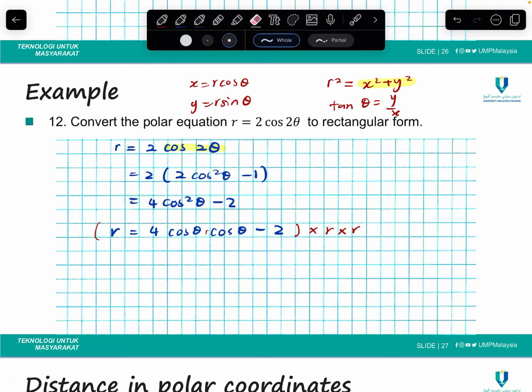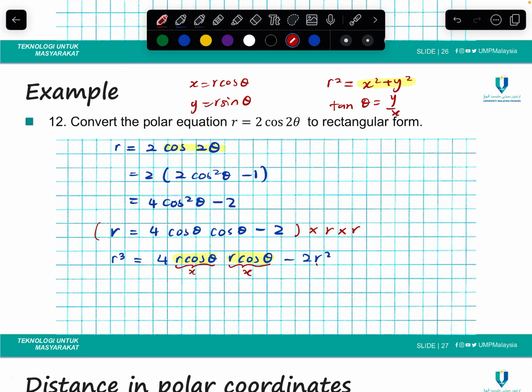Okay, so now you will have r to the power of 3 equal to 4r cos theta, r cos theta minus 2r square. So here for each r I put close to r cos theta, so that we know this whole bunch r cos theta can be replaced directly by x.